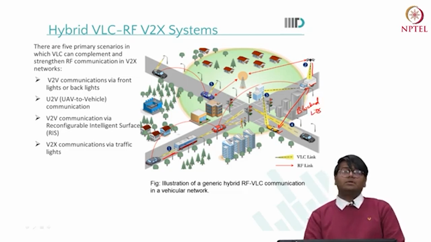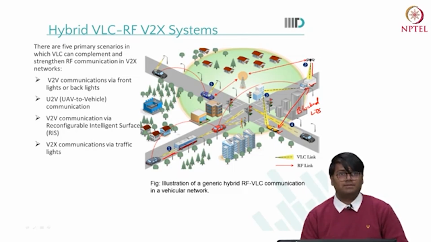In order to improve the communication reliability, we can make use of the reconfigurable intelligent surfaces on the buildings at the road intersection. So this can improve the communication reliability between the vehicles which are in the blocked line of sight.